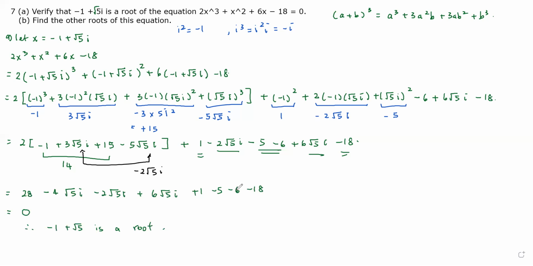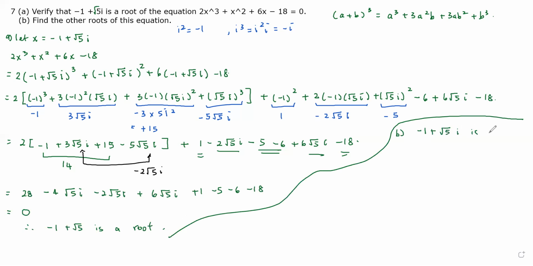Part B, we need to find the other roots of this equation. To find the other roots of this equation, we know that one root is -1 plus square root 5i. Then its conjugate must be the second root.